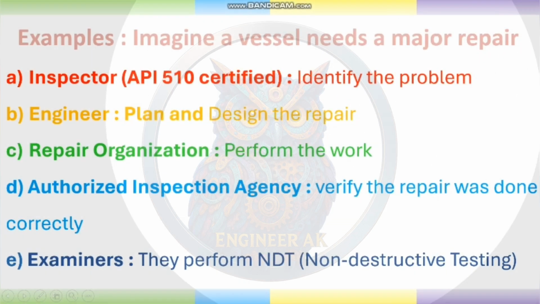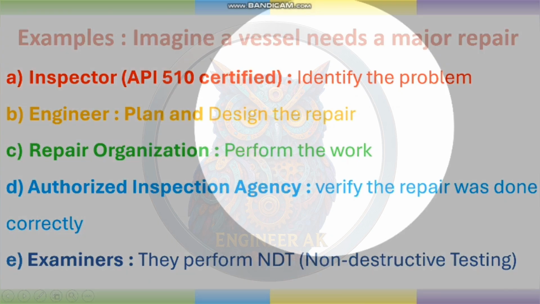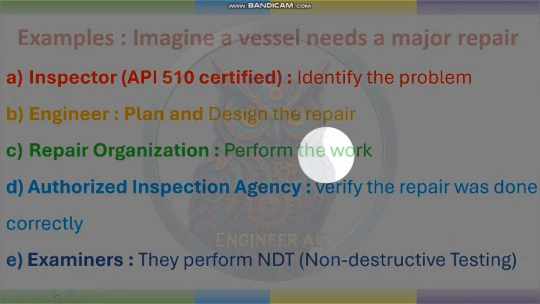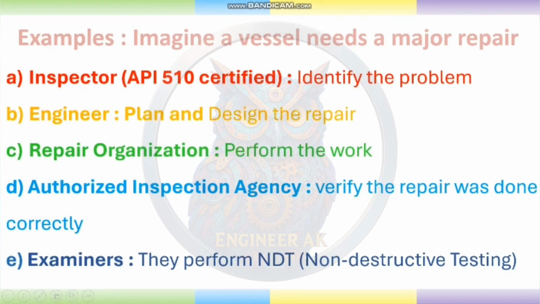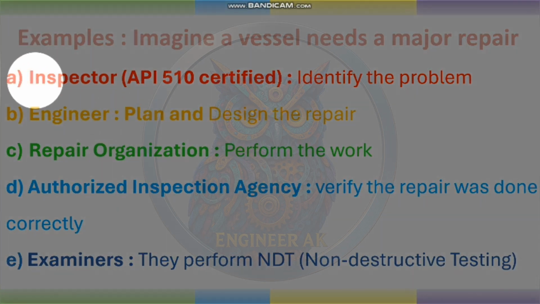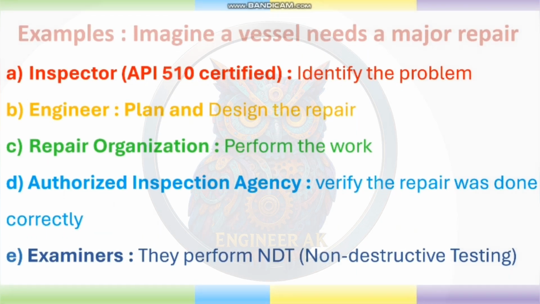Then the repair organization will perform the job and then the authorized inspection agency will verify it, right? So this is basically an example that I presented to tell you who can apply the API 510 code, right? So these are: inspector, who will be API certified, engineer, repair organization, authorized inspection agency, and examiner.